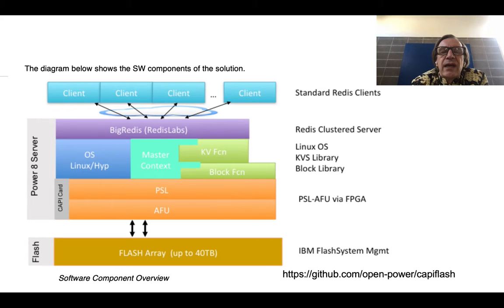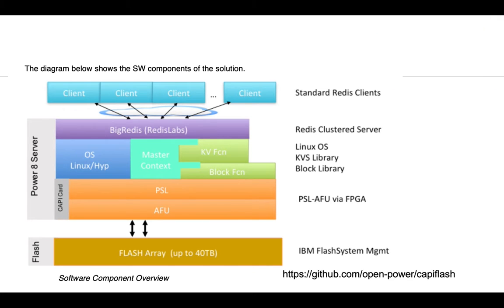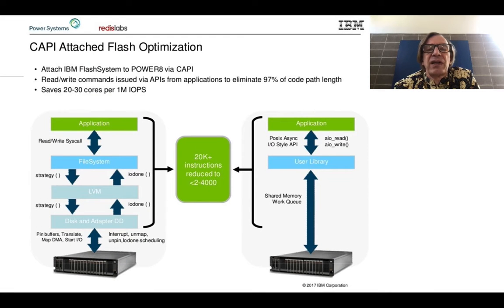There is also a key value store library on top of that. And then that library is leveraged by the Redis implementation that presents the key value store to the clients. By now, the benefits of a CAPI-based interface are probably familiar to you.